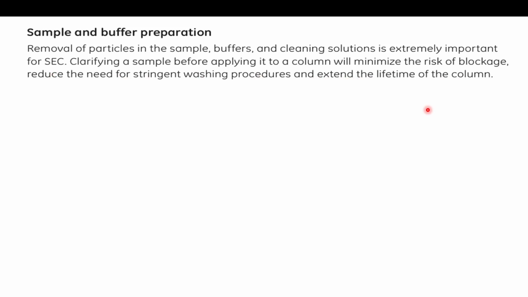Also, suppose some unknown contaminant is there and it has blocked your column. Usually in case of SEC, people just wash it using filtered, degassed, double distilled water. But if something has blocked the pores or some interaction has happened, which is giving unwanted peaks in the elution profile, or in the whole chromatogram, then you need stringent washing procedures.